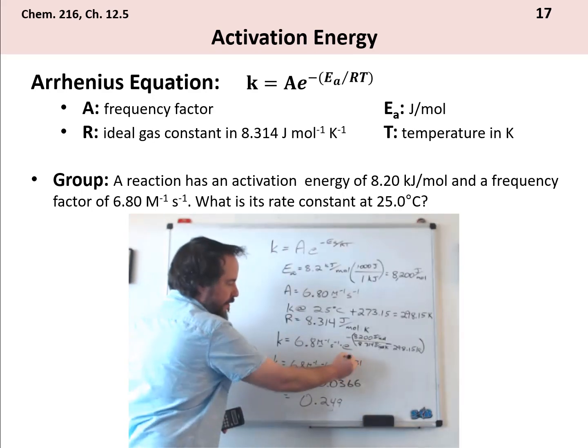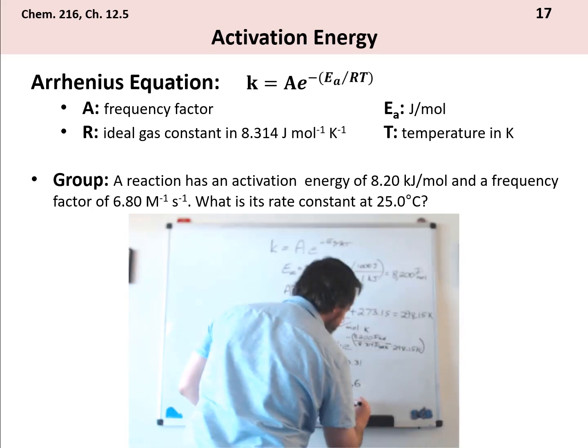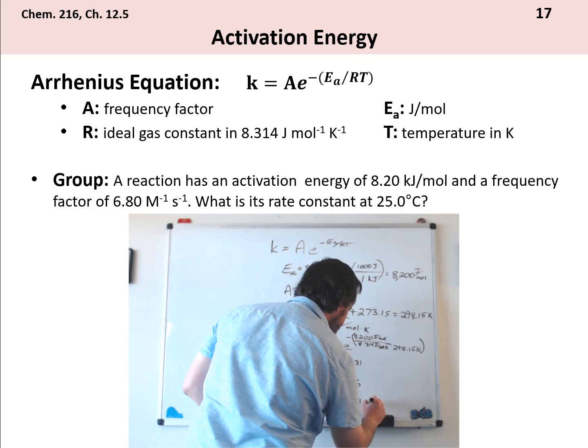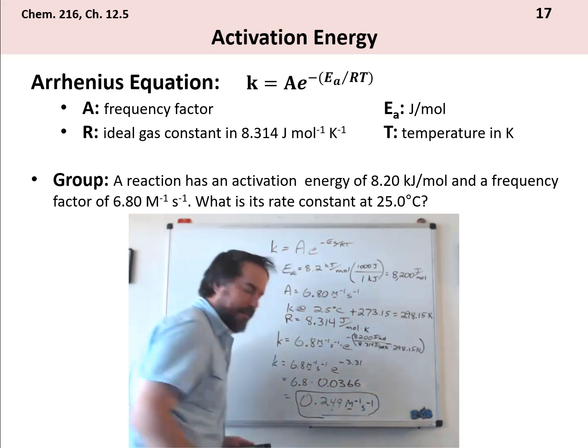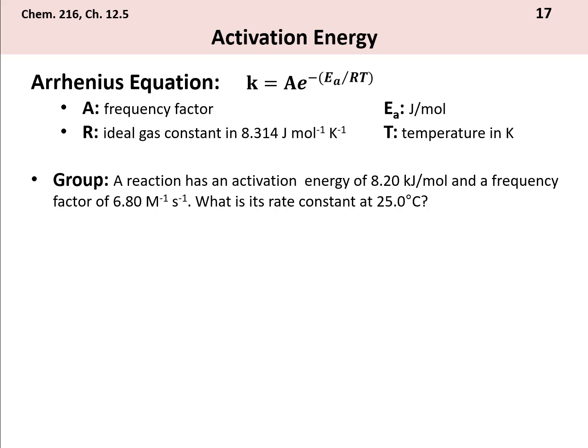Notice this doesn't have units, so I just have the same units as my A factor. Okay, so that is using Arrhenius equation to calculate activation energy. Or actually, using Arrhenius equation to use EA to find K.